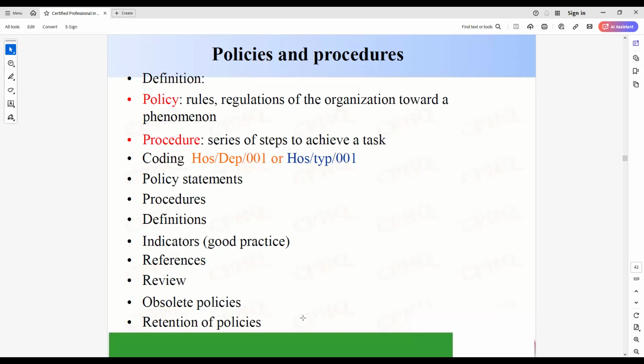Retention of policy talks about how long, as per the policies and so on, you will have a defined period in which you should retain the policies, especially policies that have become obsolete. The policies will tell you, for example, that any policy will be available in XYZ location for the purpose of retention if required later on.